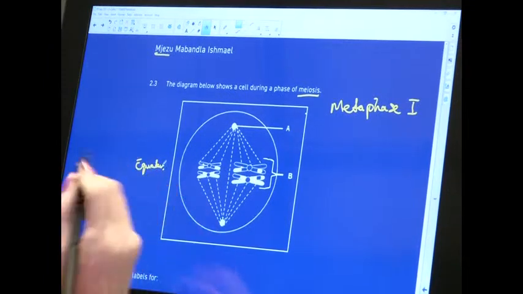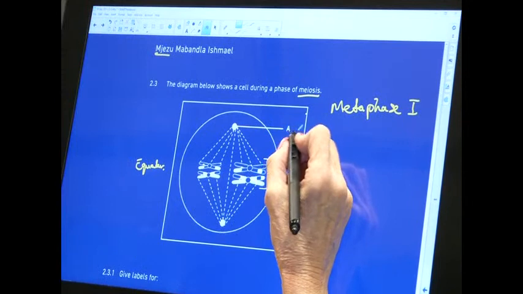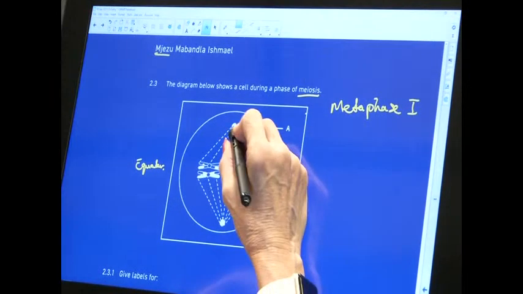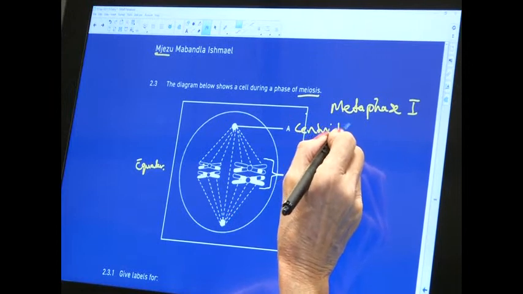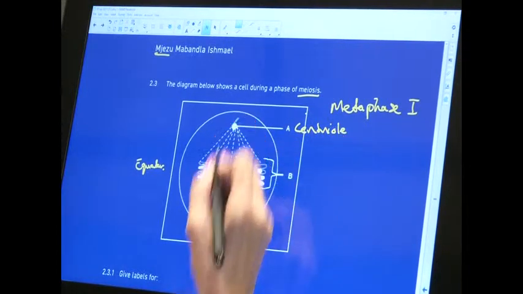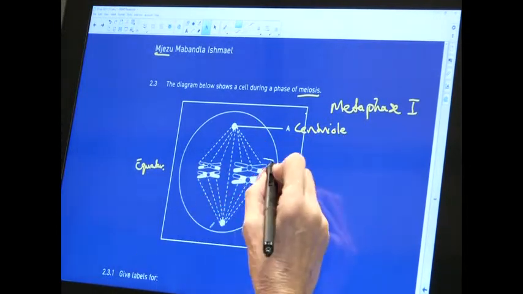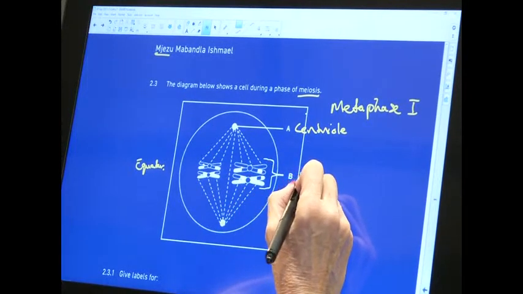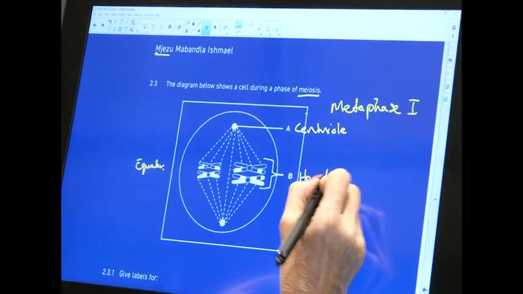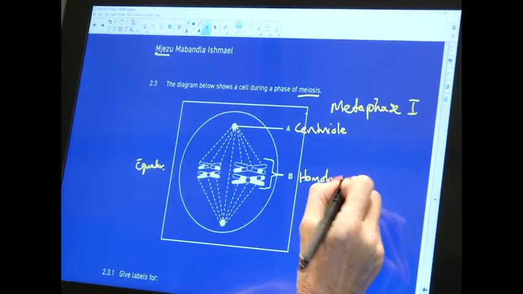The labels you are always going to be asked is that there is the centriole. You have a centriole here and you have a centriole here. That set, the double chromosomes here, are homologous chromosomes.